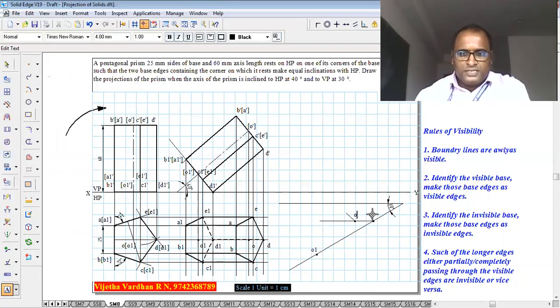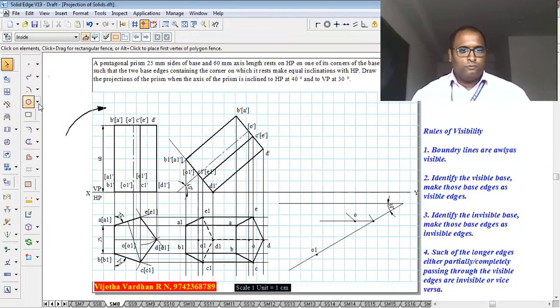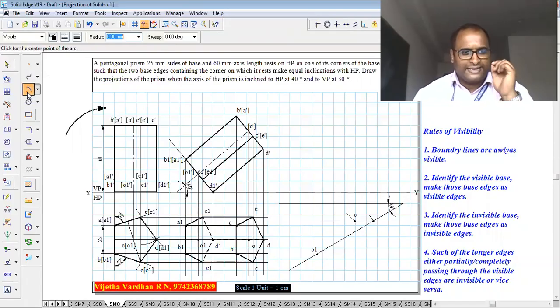Now, with respect to these 2 points, that is O and O1, we are supposed to transfer all the remaining points, that is A1, B1, C1, D1, E1, and A, B, C, D, E. Now, let me show you for one point. Using the arc technique, take the compass center point at O1 and measure the distance from O1 to A1.